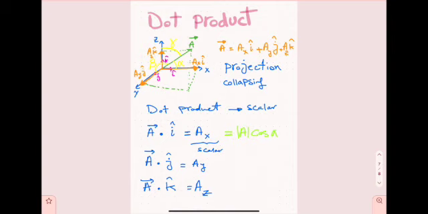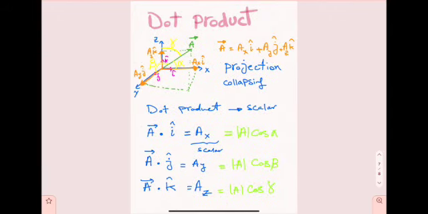And so similarly, this is A cosine of beta. So if I multiply the magnitude of A times the cosine of the angle that the vector A makes with the axis Y, then I get the dot product, or the projected value, components of A in the Y direction. And with the same logic, this is the magnitude of A times cosine of gamma, which is the angle that A makes with the axis Z.